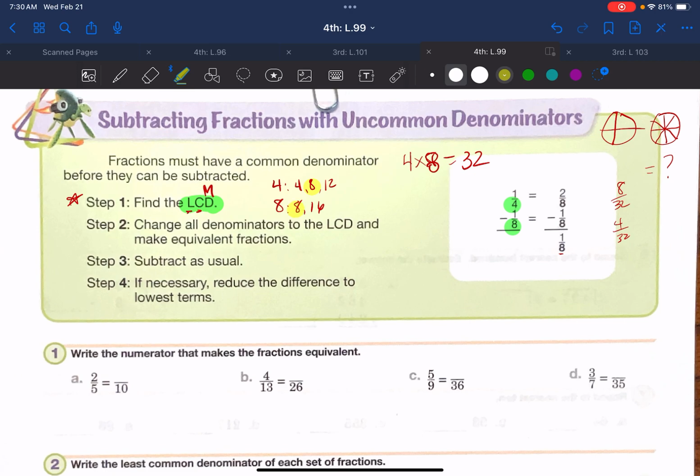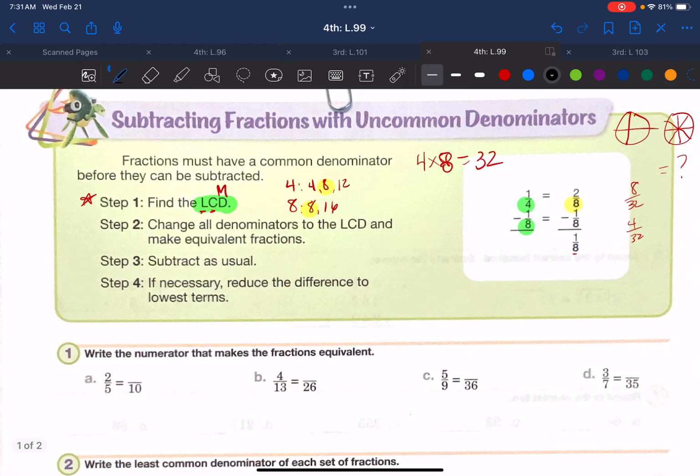So yes, 8 is already one of my denominators, but that's okay. It can be one of my denominators. So this time, I'm asking myself, if my new denominator is going to be 8, how do I get from 4 to 8? Well, I did times 2, so I'm going to do times 2 over here. Now I'm going to have 2 eighths minus 1 eighth.